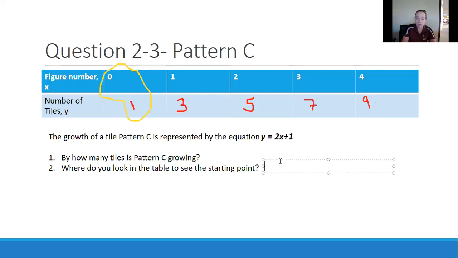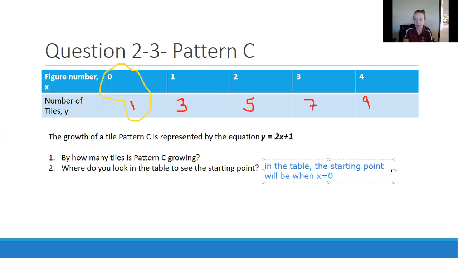Okay, in the table, when x equals 0, y, the starting point, sorry, will be when x equals 0.